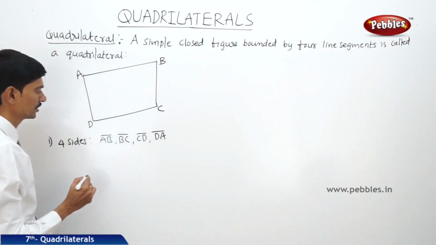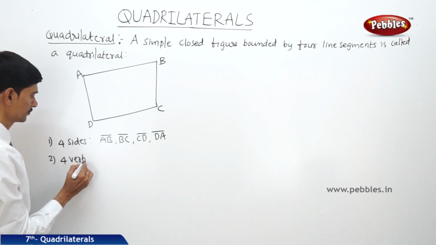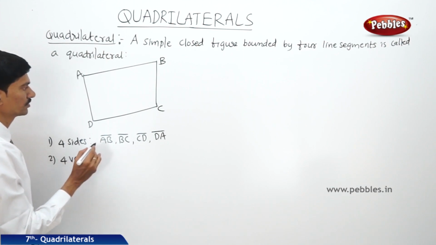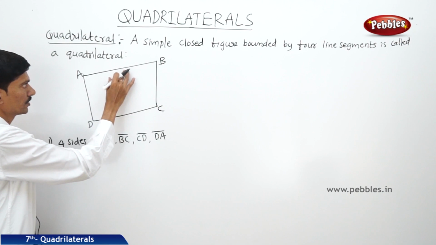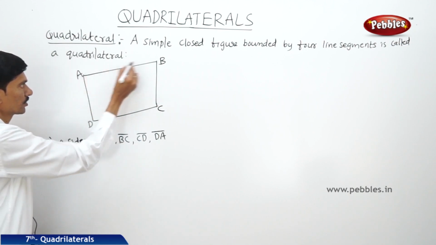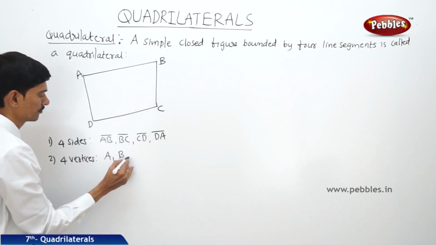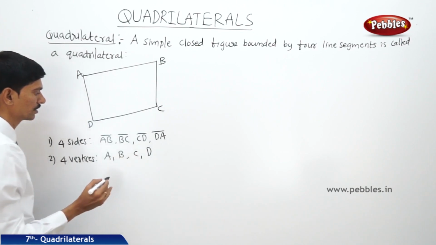So these are the four sides, and four vertices. The vertices are where two sides meet at a corner. So these four corners are called the four vertices: A, B, C and D.